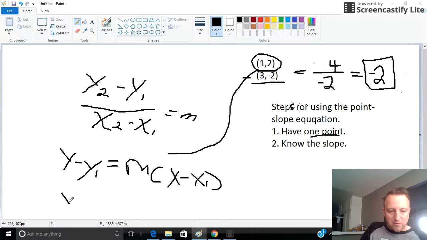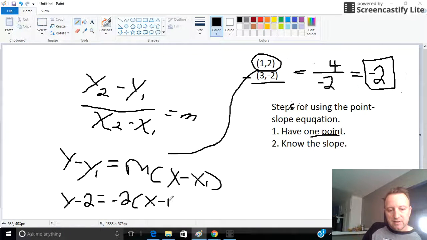For y, we just write y. For minus, we just write minus. For the y1, we chose these, so the y would be a 2 equals. Now for the m, we discovered that the slope was a -2, so we'll put a -2, substituting it in for the m, times the quantity of x. And then the negative is just going to stay negative, and then for the x1, if we chose the 2 for the y, we have to choose the 1 for the x.